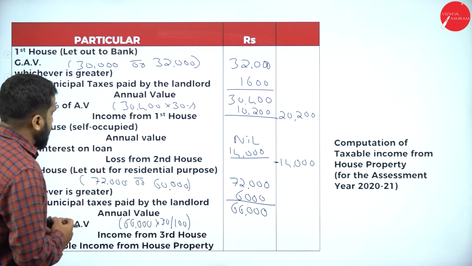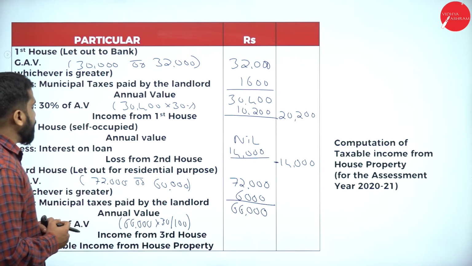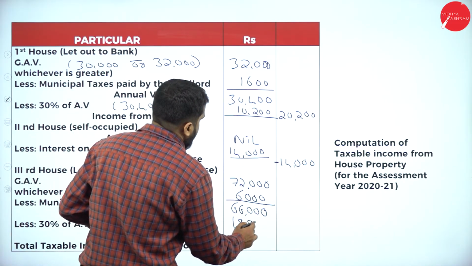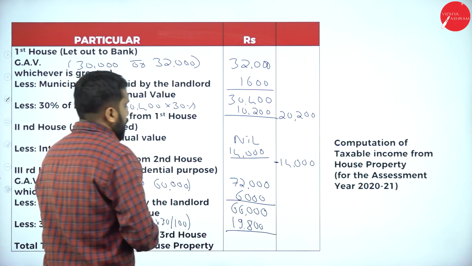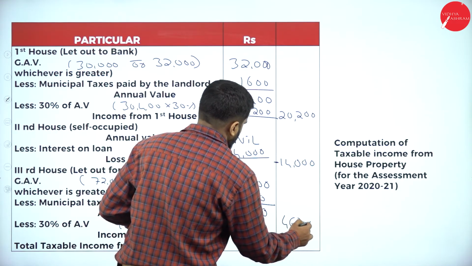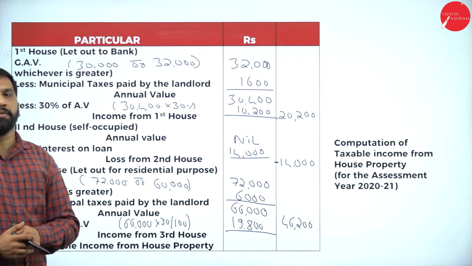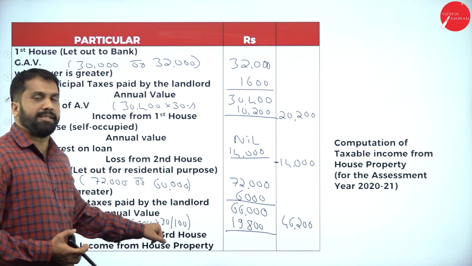How much will you get? 19,800. So we calculated 30% on 66,000.